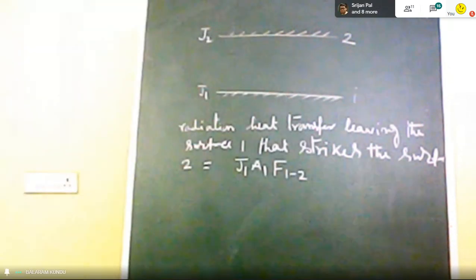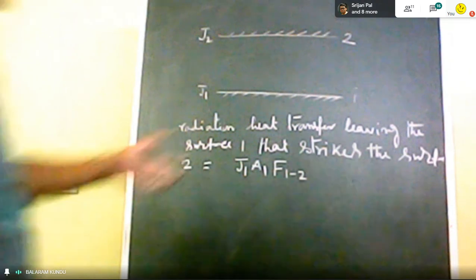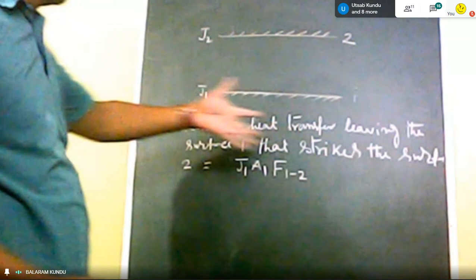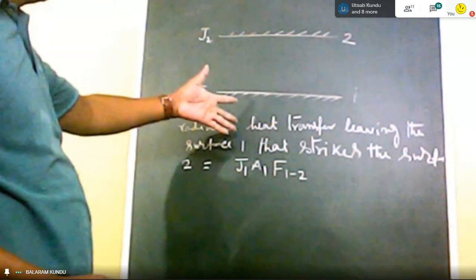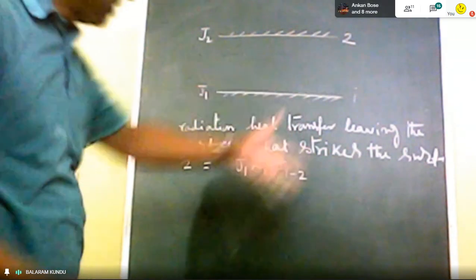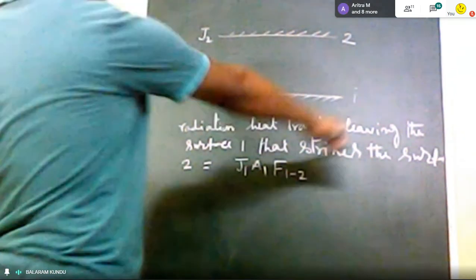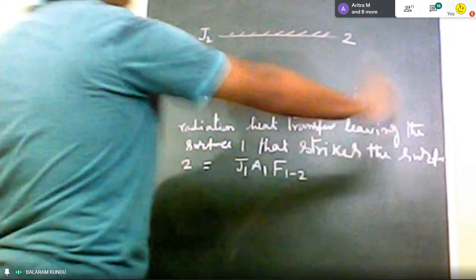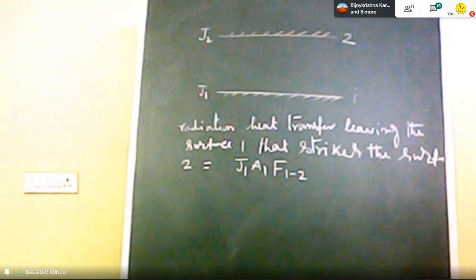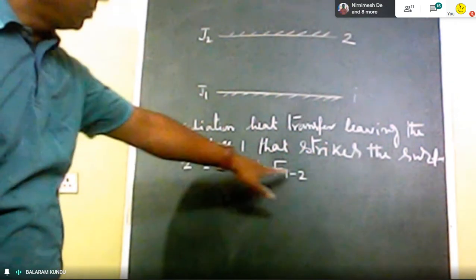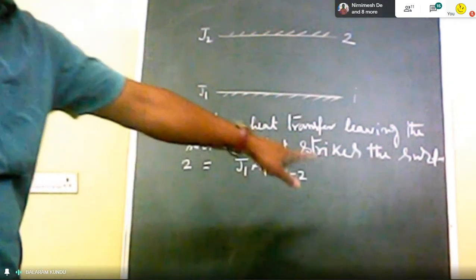That means radiation energy, or radiation heat transfer, leaving surface 1 that strikes surface 2, or radiation energy emitted from surface 1 that strikes surface 2, should be equal to J1 A1 into F of 1, 2.